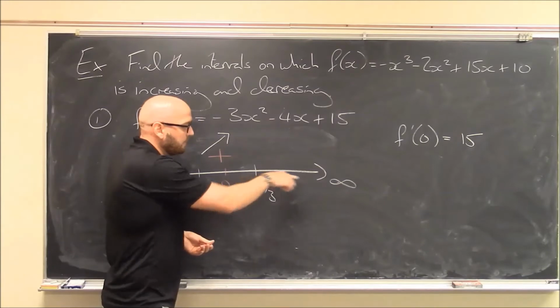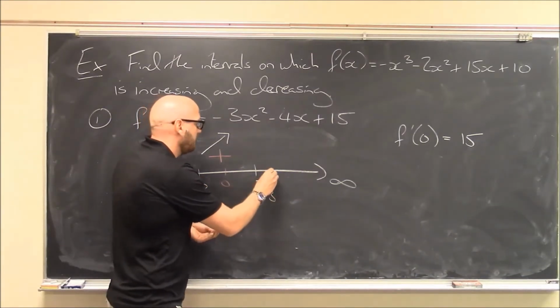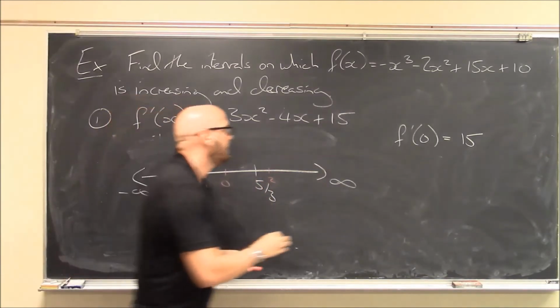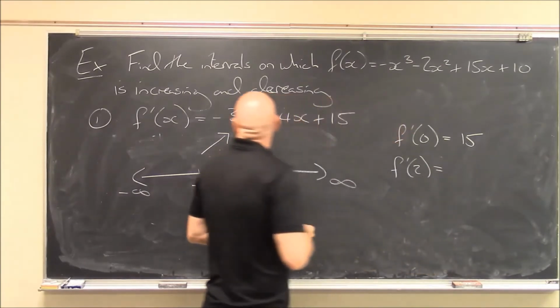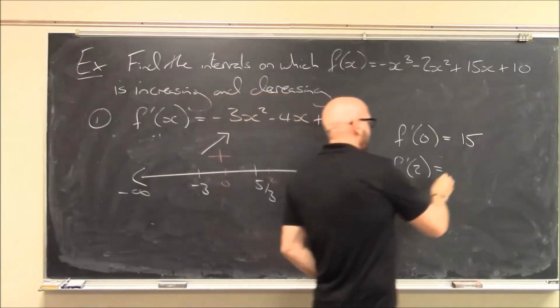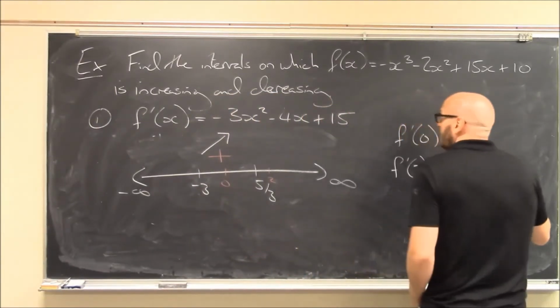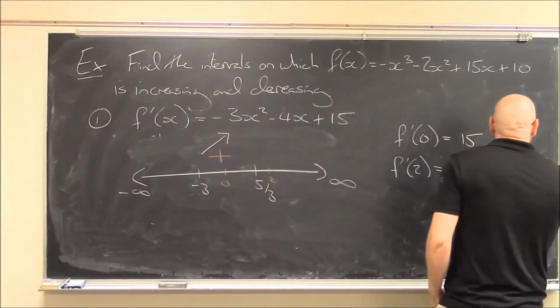Now I just have to do that for the rest. From 5/3 to infinity, I want to choose something. Let's go with a little bit bigger than 5/3, let's go with 2. So plug in 2. My derivative at 2 is minus 3 times 4, minus 4 times 2, plus 15.